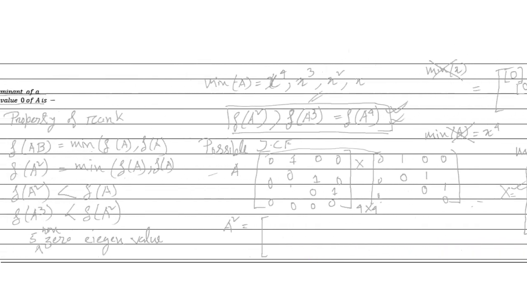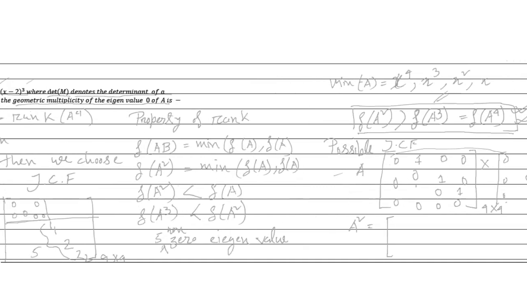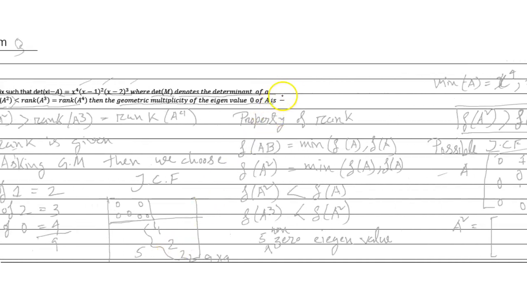So friends, my answer is that the number of Jordan blocks is 2. 2 is my answer. I hope I cleared the concept, because you must remember the number of Jordan blocks of lambda equals the geometric multiplicity of lambda.